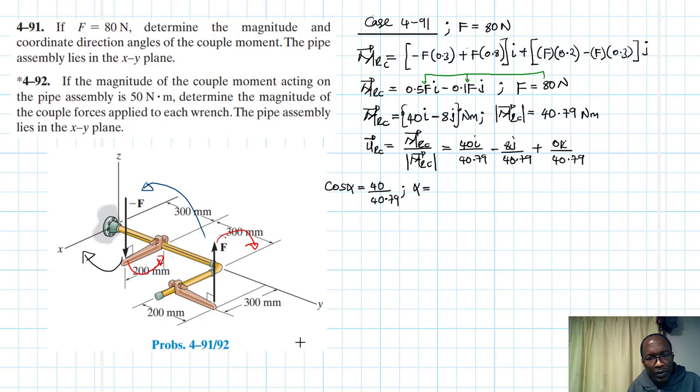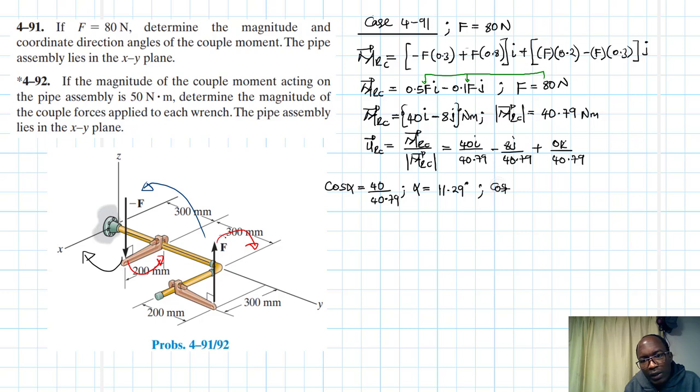Okay, so grab your calculator. 40 divided by 40.79, cos inverse of that, so we get 11.29 degrees.